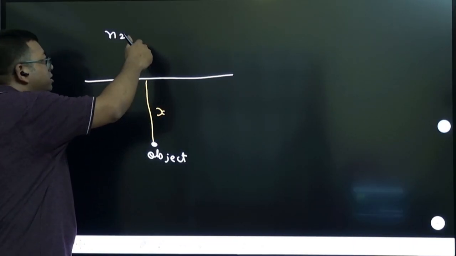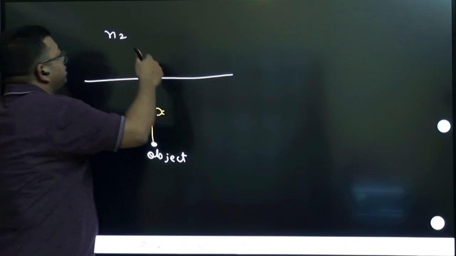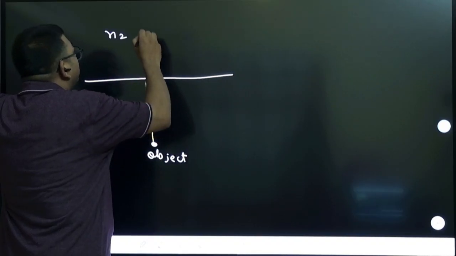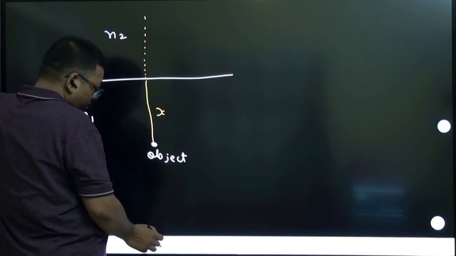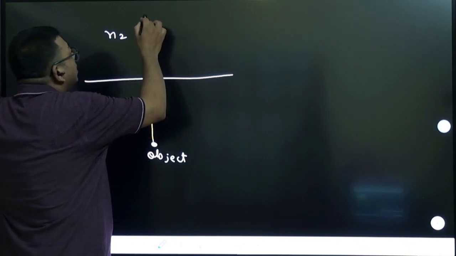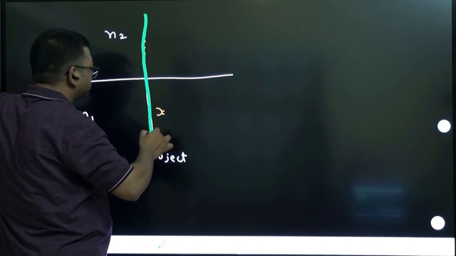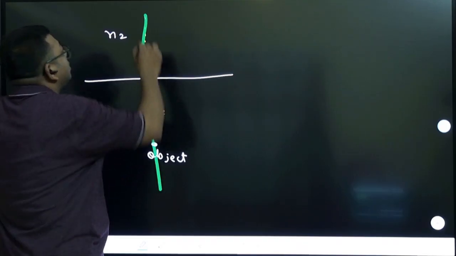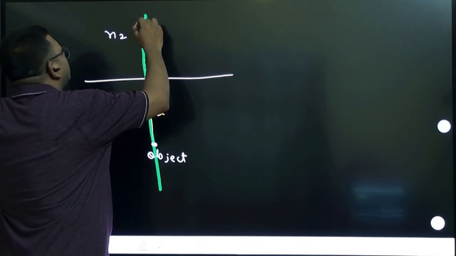Let us take an observer here, exactly above this. Note that the observer lies on this vertical line only.